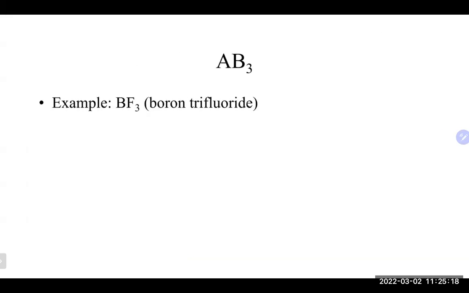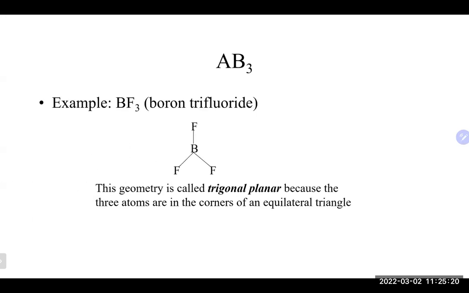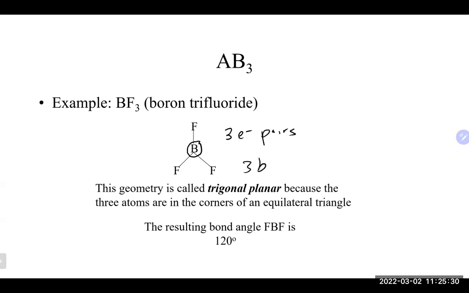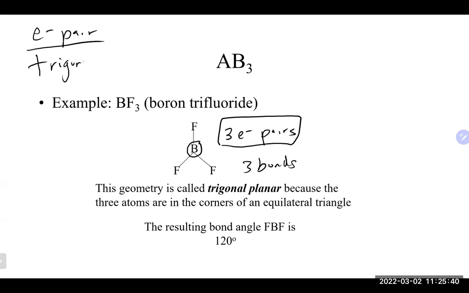If we look at something like BF3, which is also an incomplete octet, if we look at our boron, again the atom in the center, it has 3 electron pairs and also has 3 bonds in this case. Something with 3 electron pairs, when we talk about electron pair geometry, is what is referred to as trigonal planar.